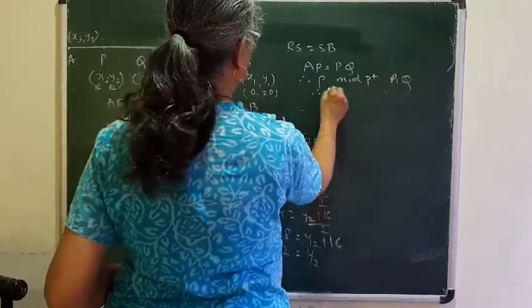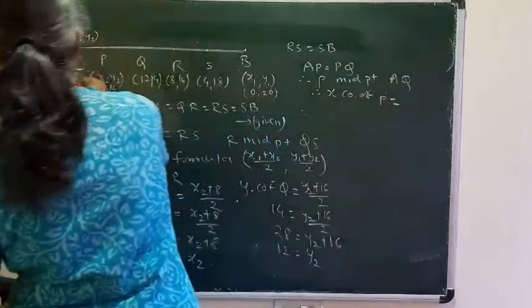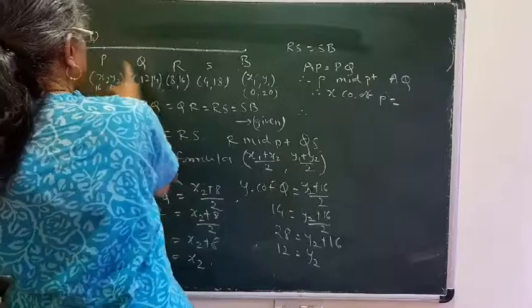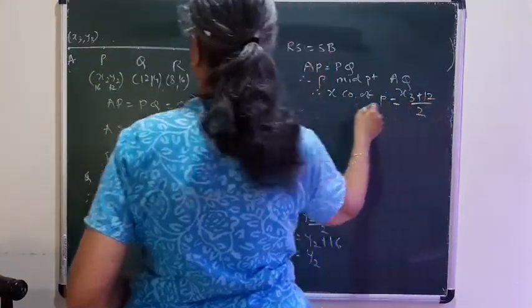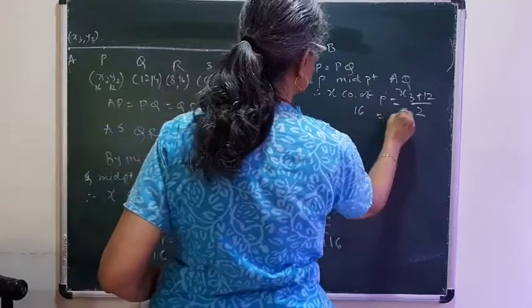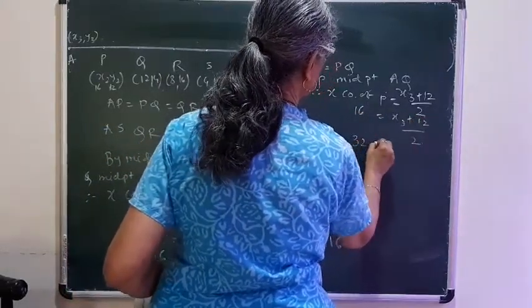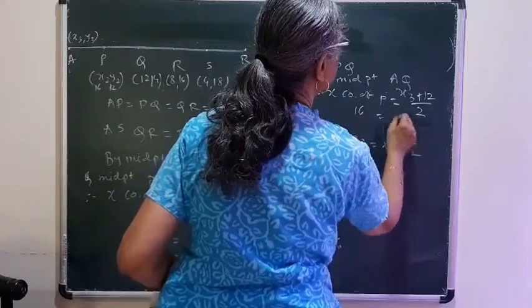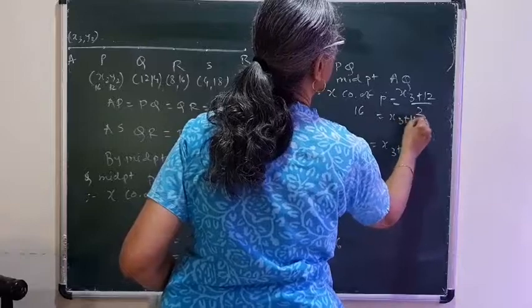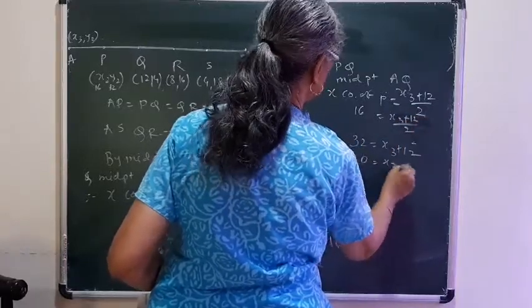Therefore x coordinate of P is equal to x3 plus 12 by 2. So x coordinate we have already 16. So 32 is equal to x3 plus 12. So 20 is equal to x3.